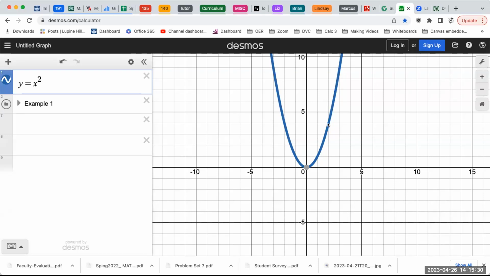And what's true about all those points on the parabola in relationship to the equation? What must be true about the coordinates of this point that lies on the parabola in terms of the equation y equals x squared? The y is squared. The y squared.